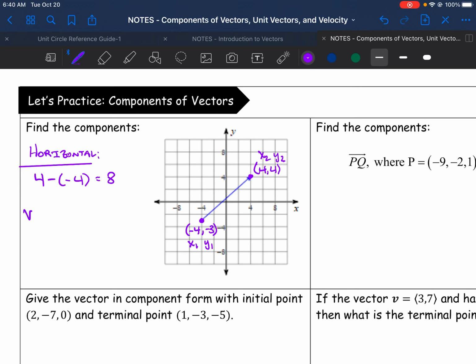The vertical component is going to be y2, which is 4, minus y1, which is -3. So 4 minus -3, that would be +7. So these are our components. Here's the horizontal component. Here's the vertical component. The vector itself would be (8, 7).